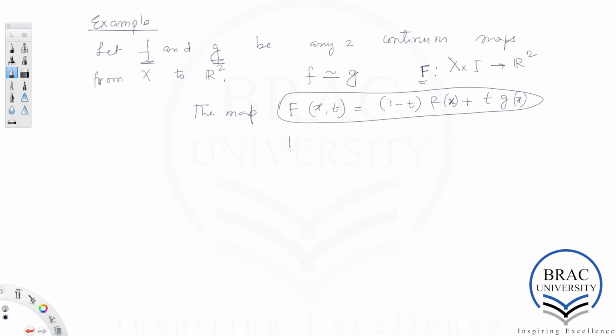And we check that F of x comma 0 is just small f of x, and F of x comma 1 is g of x, which proves that indeed big F is a homotopy between these two continuous maps.